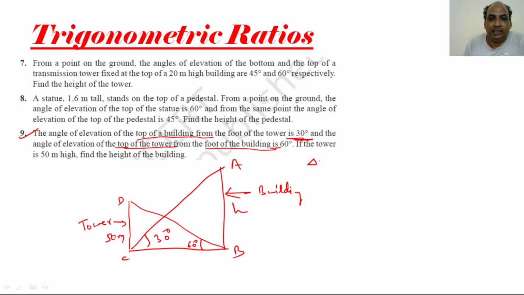Let us take triangle BCD, and in this DC by BC is equal to tan 60 degree. So here BC is equal to DC by tan 60 degree.